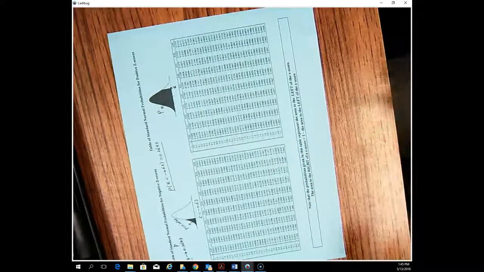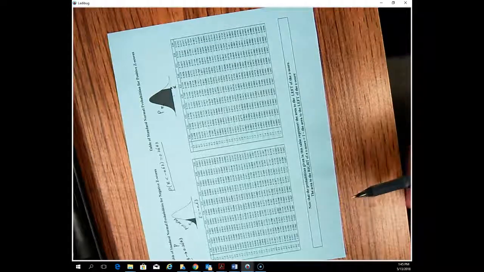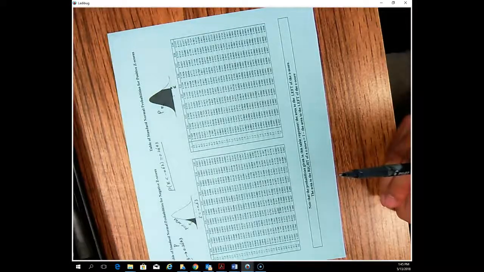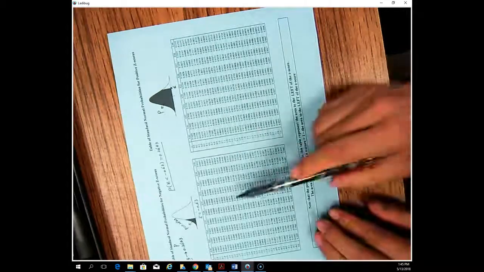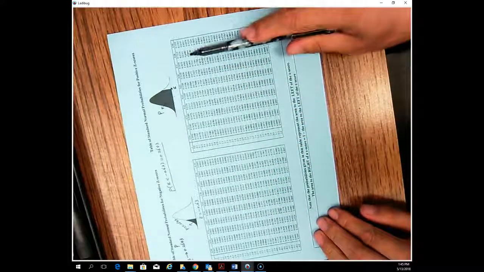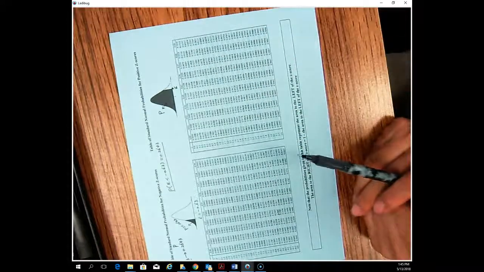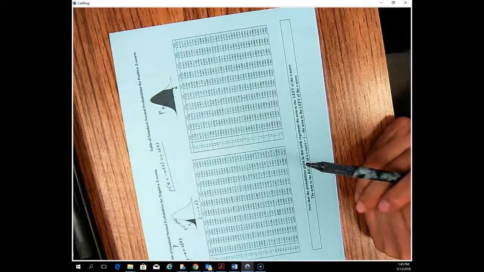So it covers the entire range from negative 3.49 to positive 3.49. And for every z-score, it provides a probability value inside the table, all these 4 decimal point numbers.